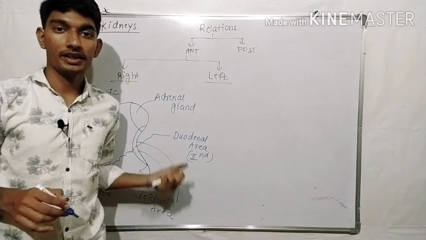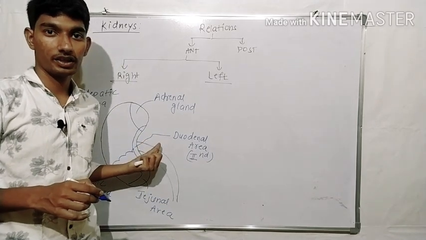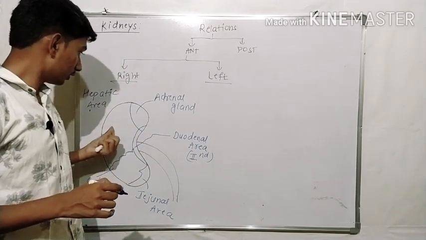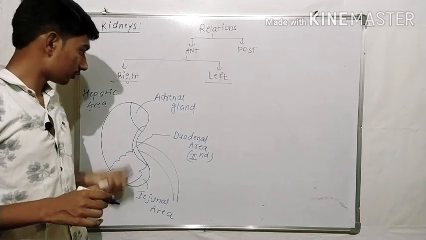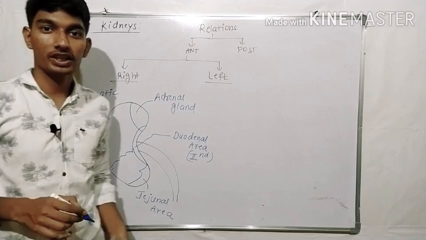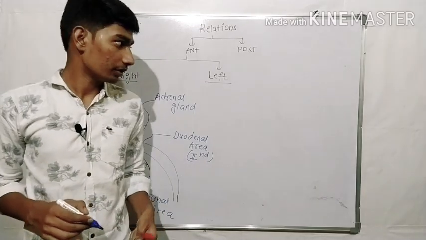These are the anterior relations of right kidney. Out of this, only hepatic and jejunal areas, they are covered by peritoneum.